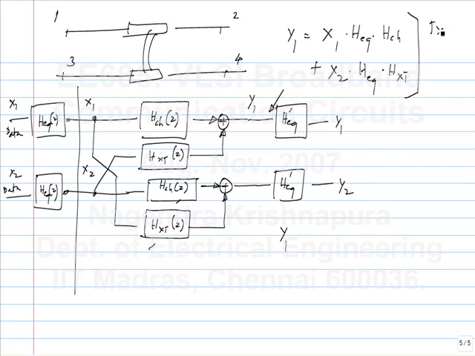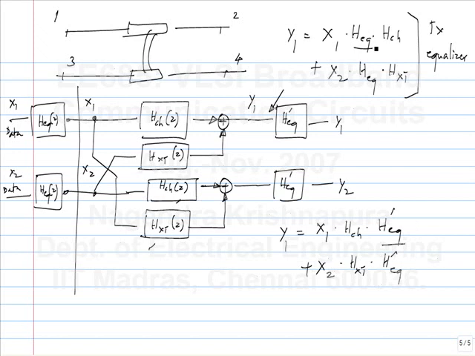This is with the transmit equalizer. What is it with the receive equalizer? Plus x2 times the crosstalk times the new equalizer. Okay. So firstly, how is HEQ prime related to HEQ?